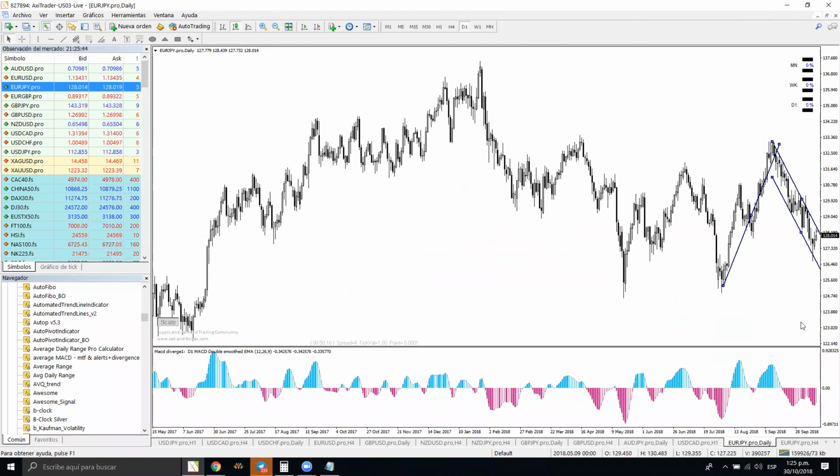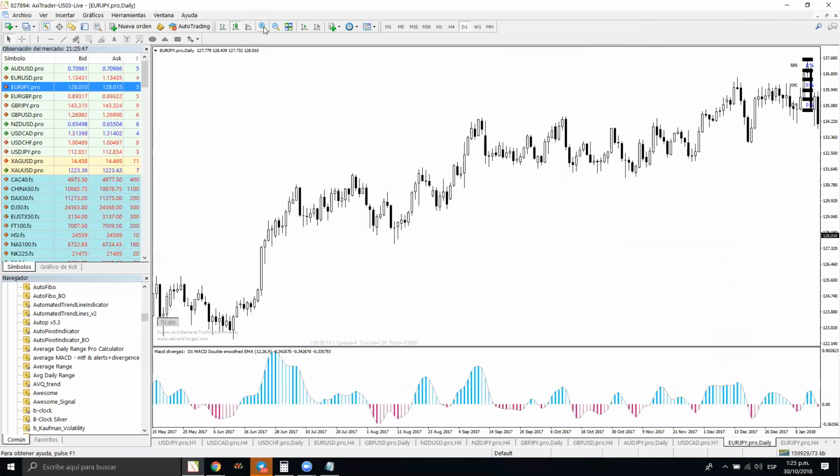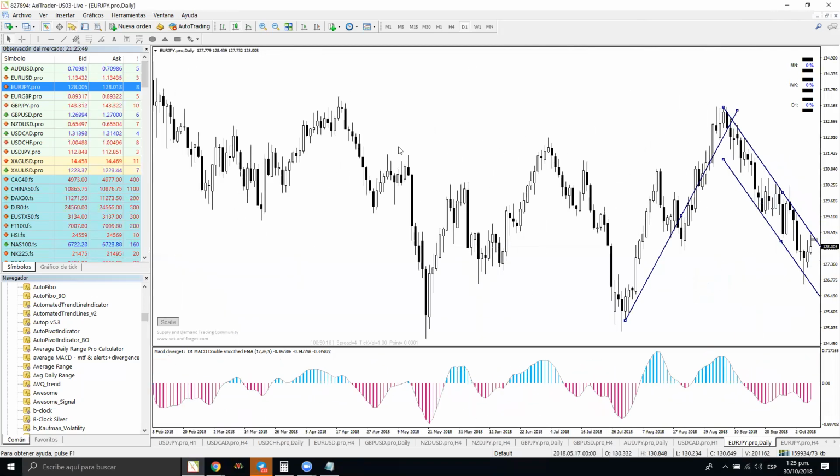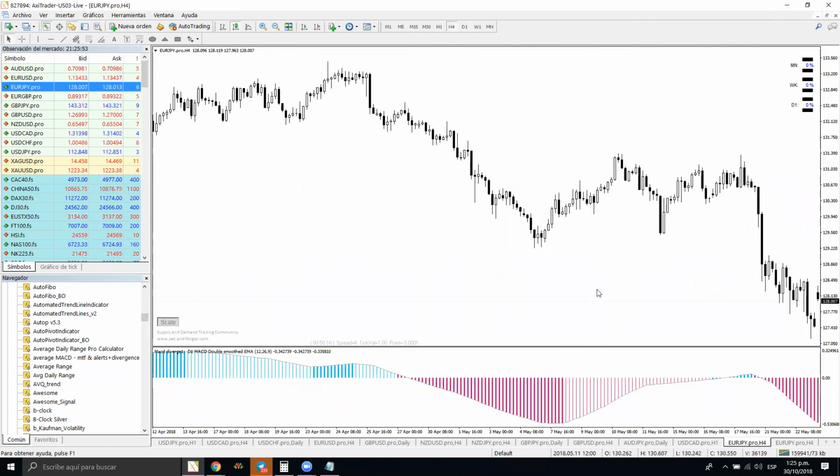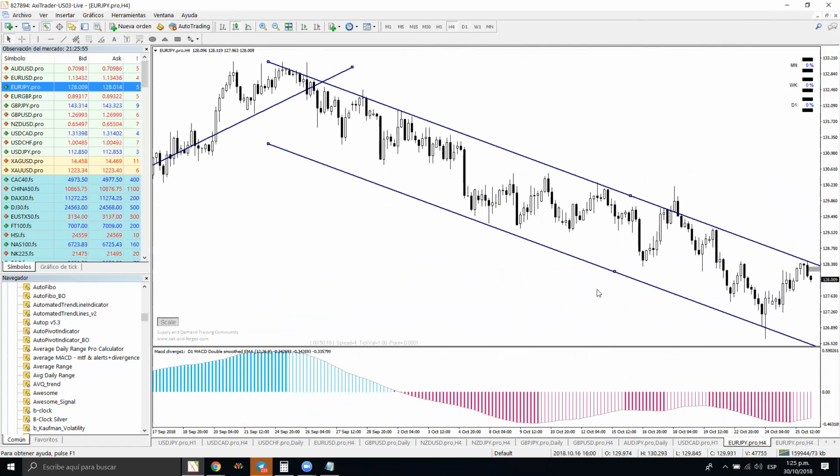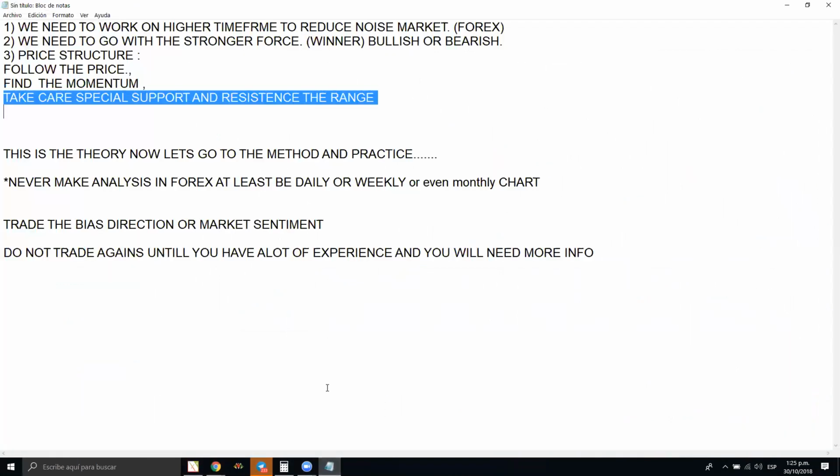But the best part is when you do it with the trend. You're going to have more opportunities to win. So this is price structure, momentum, and Fibonacci. With this, you have a lot of things to do in forex.